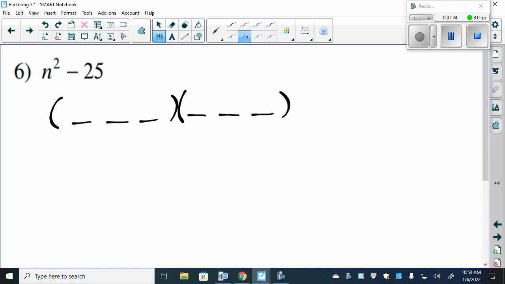Now we don't technically have a third term, but we also don't have a middle term, because with n squared we don't have a number times n. So really our third term is the negative 25. Now because it's negative, our signs are going to be opposite. One's going to be positive and one is going to be negative.